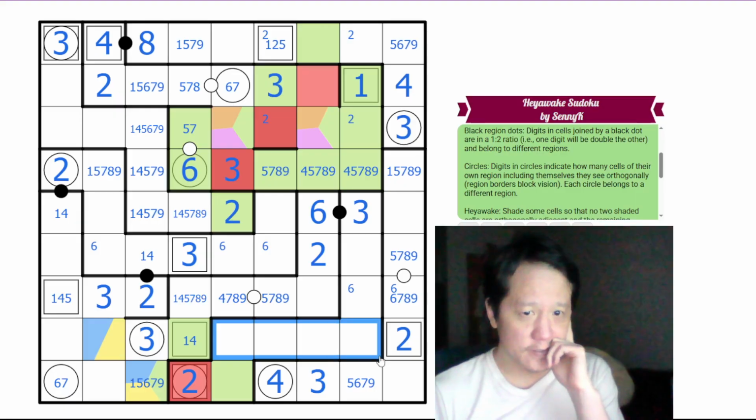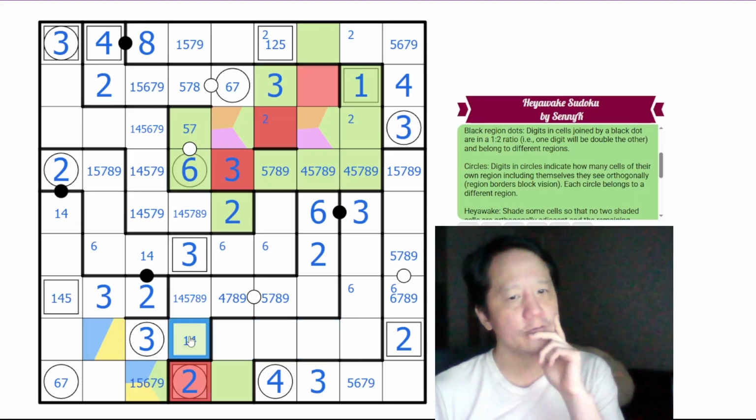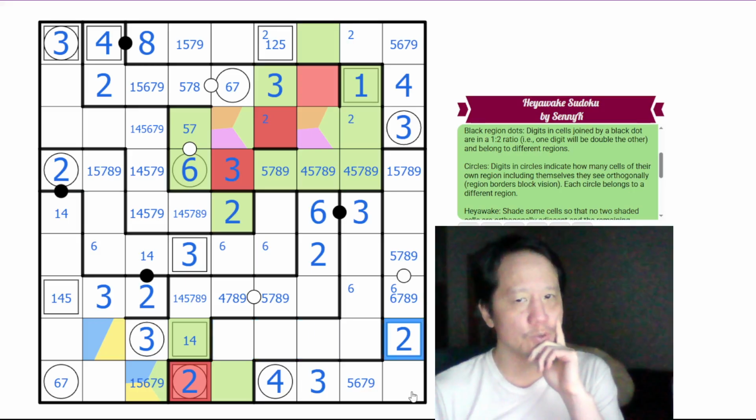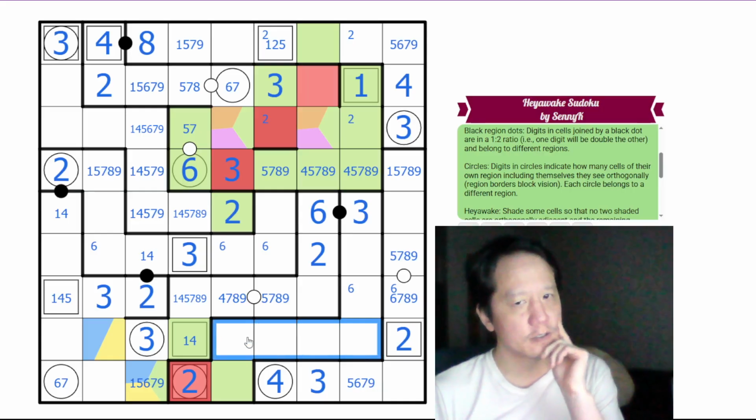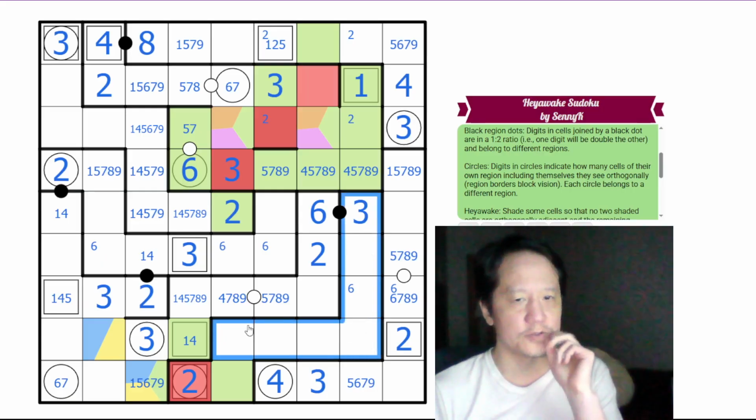Okay. Oh, this is green. This has 2 only. So if none of these are shaded, we know only one in this region is shaded.